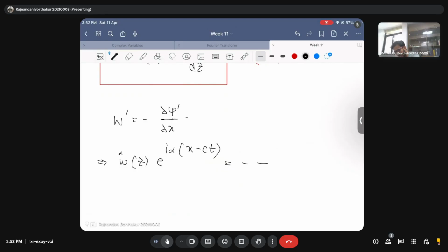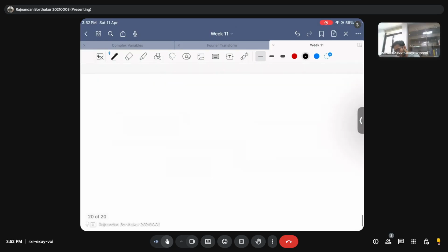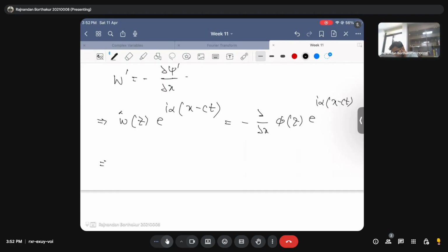Let's evaluate this. So this is del x of phi of z times e power i alpha (x minus ct). So what does this become? This becomes w hat of z e power i alpha (x minus ct), and this is equal to minus i alpha phi of z times, of course, e power i alpha (x minus ct).